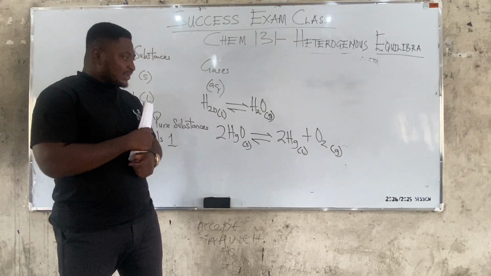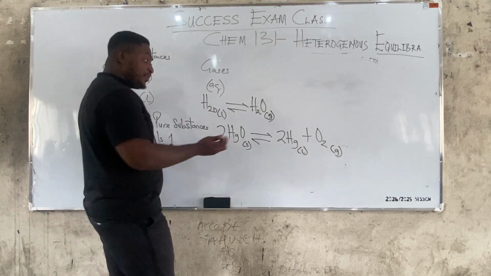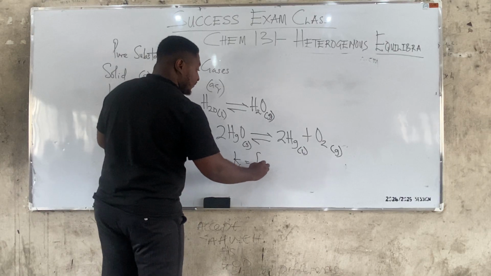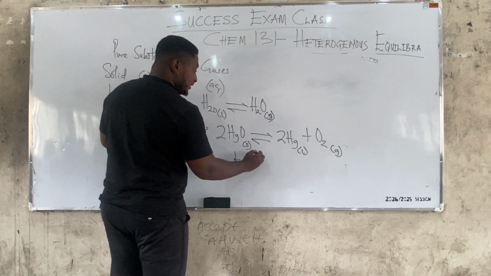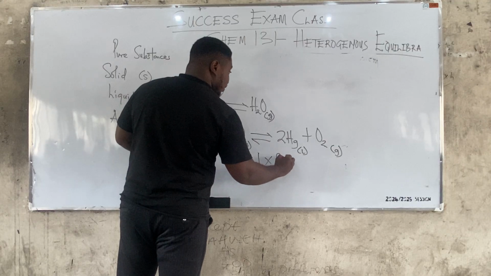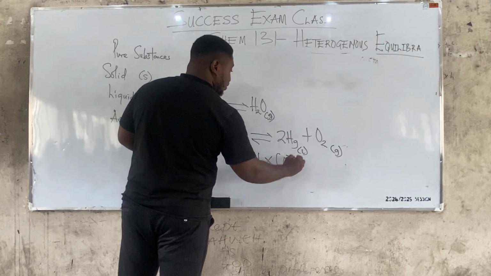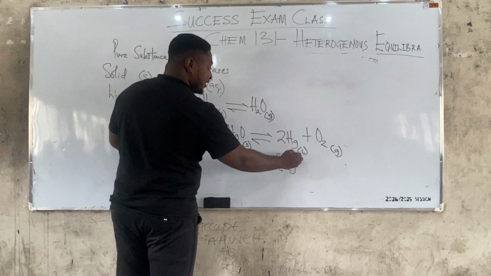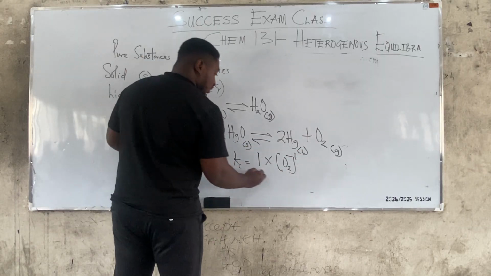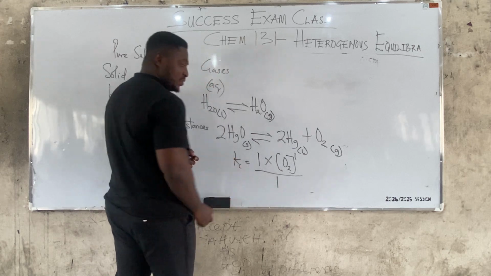By the time you write down the KC, what must be the KC for this reaction? Only the product is mentioned, right? The KC for this reaction is the concentration of, because Hg is 1, right? This 1 times the only one that has a concentration, the concentration of O2, but there's no coefficient here, so you are saying raised to power 1, right? Since there's no number before oxygen. All over, this is a solid, all over 1.